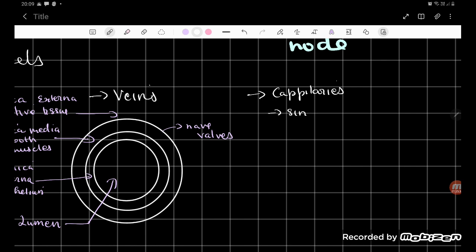Capillaries are single cell and they have no muscles. That is the only thing you have to remember. This is for gaseous transfer. If they ask you to write, capillaries also have the property of dilating, so vasodilation and vasoconstriction.